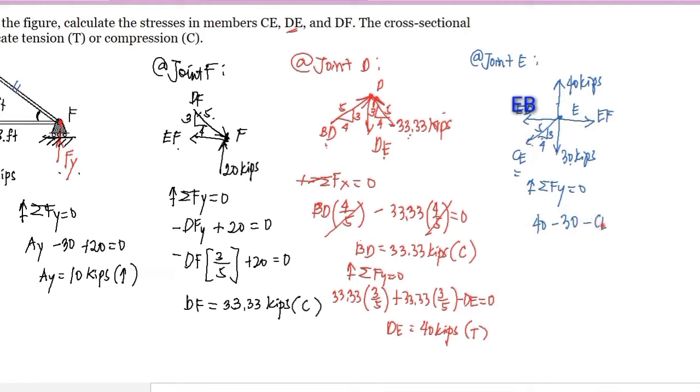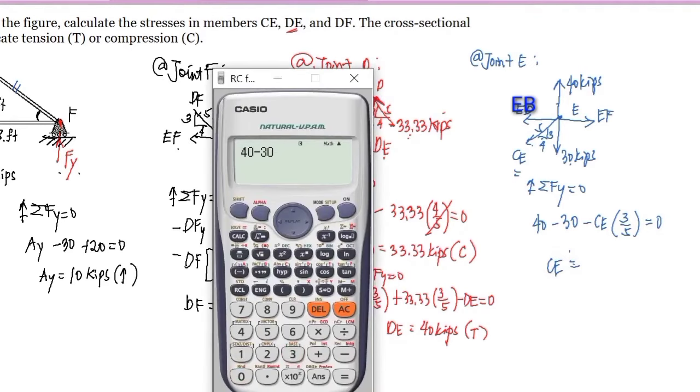So it's negative CE multiplied by the vertical, so that's 3 over the diagonal 5. This is equal to 0. So solving for the value of CE, we have 40 minus 30 minus X multiplied by 3 over 5. This is equal to 0.